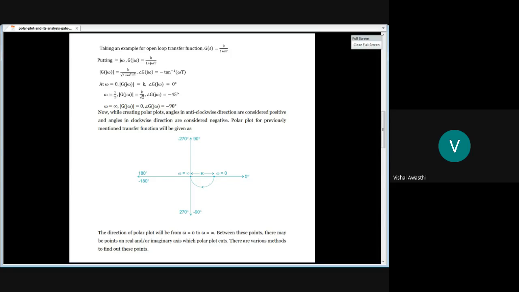The plot always starts from omega equal to 0 and terminates at omega equal to infinity. Along with that, if you have some other points, put them on your plot and connect them, which will give you a complete plot.